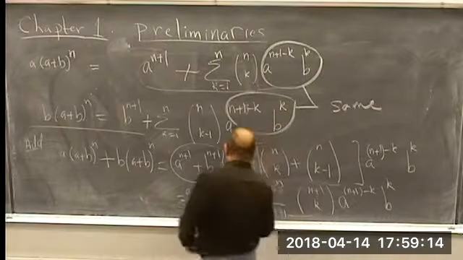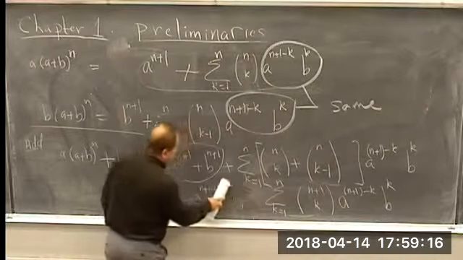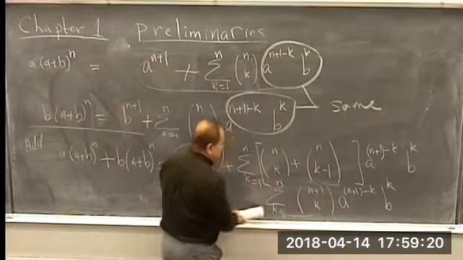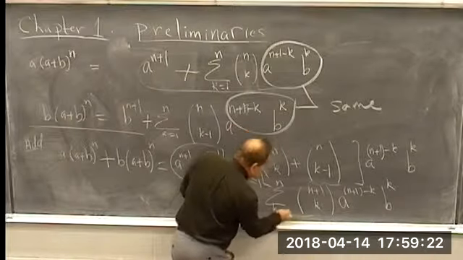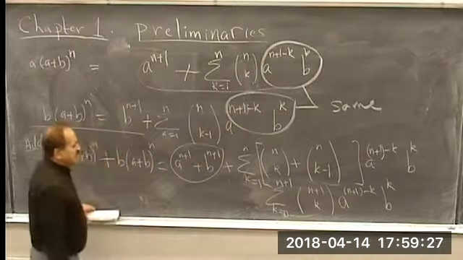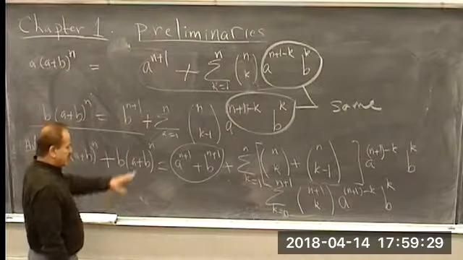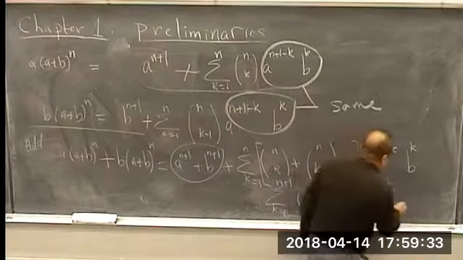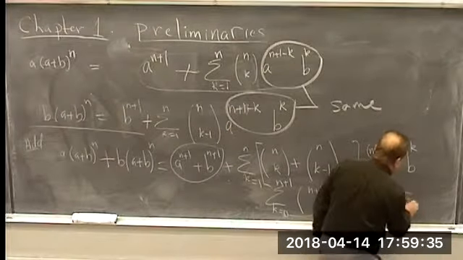So what does this mean? This means that if you change your summation, instead of going from 1, go from 0, and go all the way to n plus 1, then we get this summation. And this summation is the formula for n plus 1.